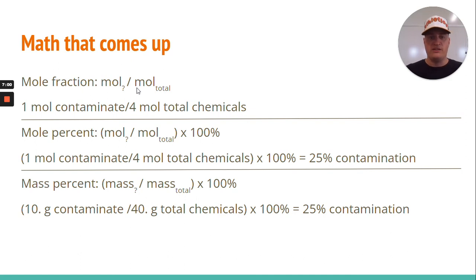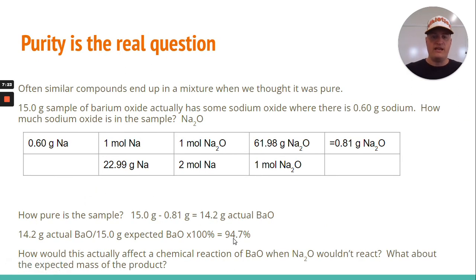A mole percent, you take that mole fraction and make it into a percent, kind of like we talked about with the percent contamination of our previous problem. And then you have a mass percent. So if I've got 10 grams of this, how much is the contamination, and so on. So you can have a mole percent, not as useful in the real world. Mass percent is more useful, much like what we had back here, where we had a mass percent as opposed to a mole percent.